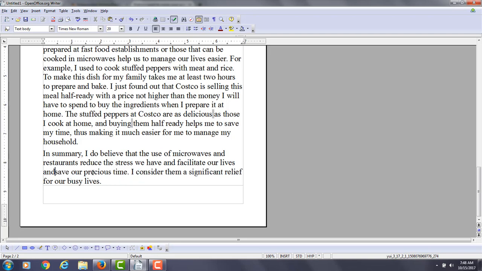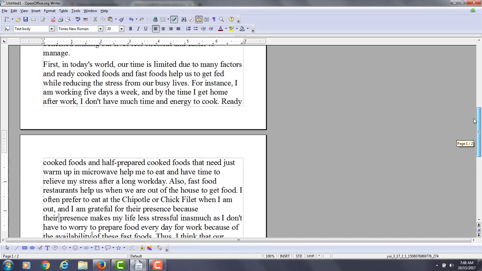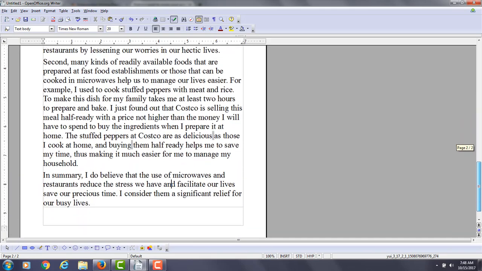You might say this, how about this? Okay, so I'm just trying to tie this in. So I'm putting stress here and then facilitate second, because that follows what happens in these paragraphs, right?